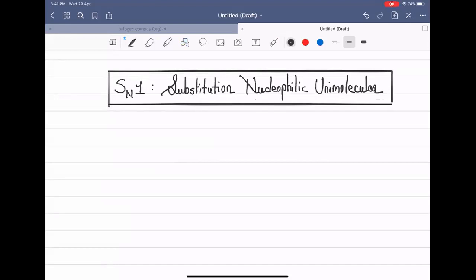Let us find this. See, in many substitution reactions, nucleophilic substitution reactions, especially with tertiary alkyl halides, the substitution takes place in two steps.